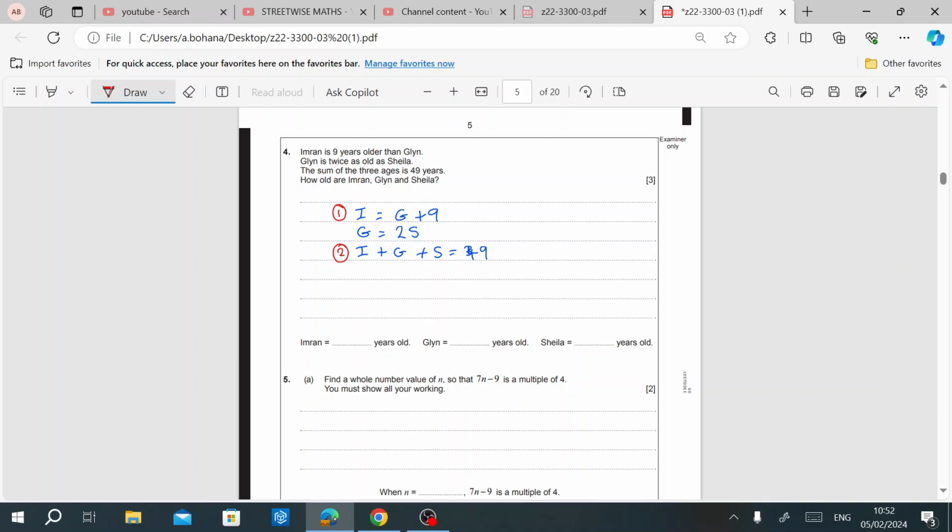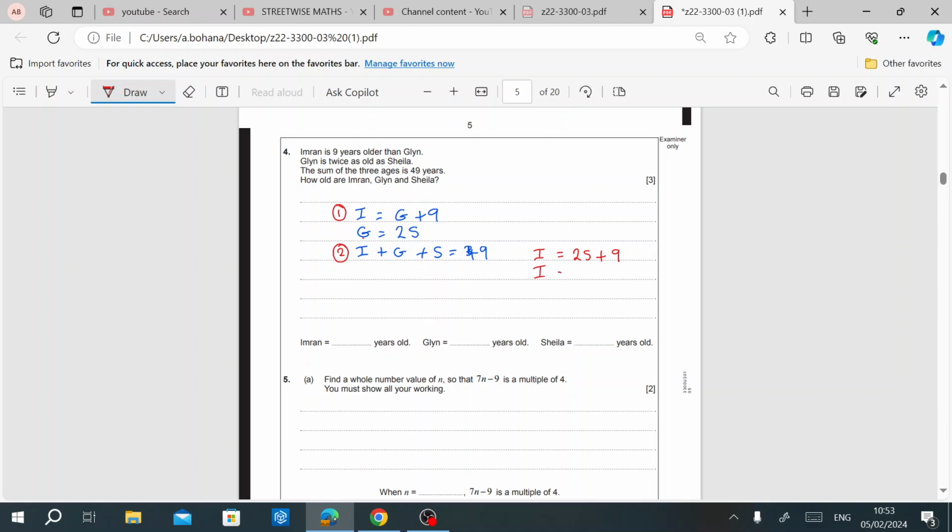So the first one is in terms of Imran. So Imran is equal to G plus 9. But what I'm going to do is I'm not going to use G. I know G is equal to 2S. So instead of using G, I'm going to go 2S plus 9. And then I'm going to rearrange the second one here.